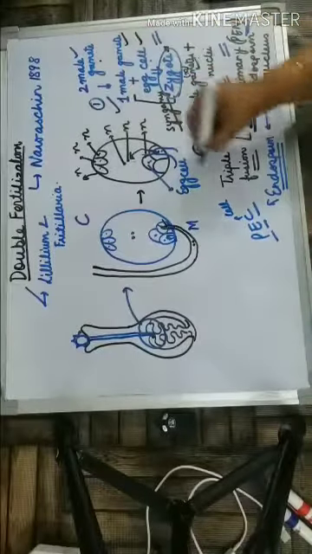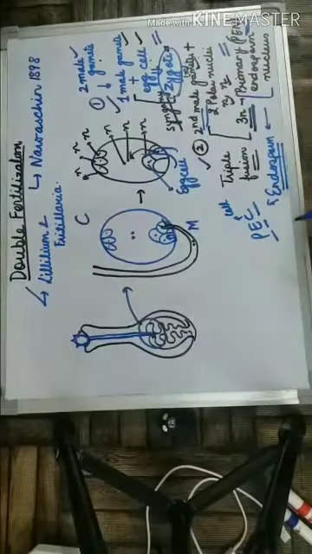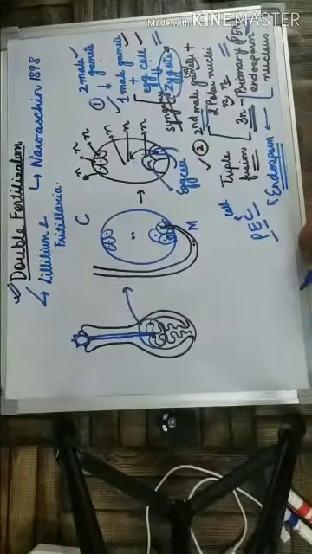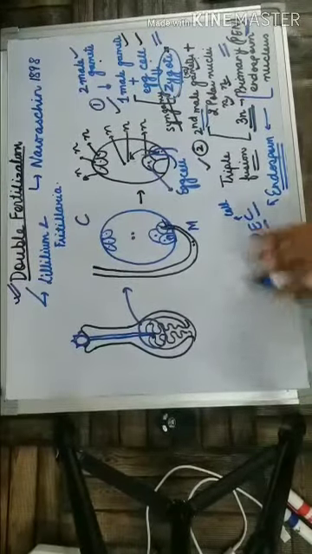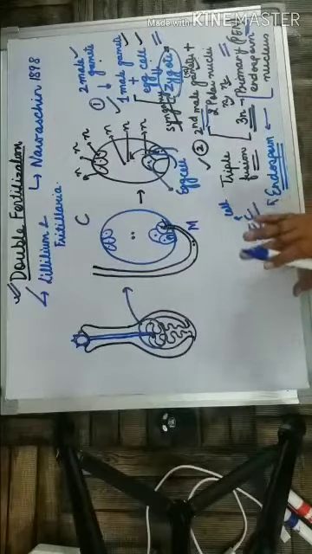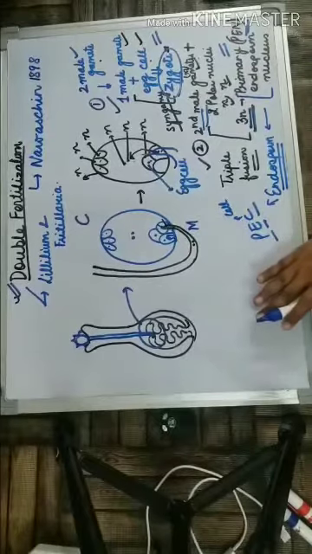As two fertilizations are taking place, it is termed double fertilization. It is a unique feature in angiosperms. No other plants show this type of fertilization.